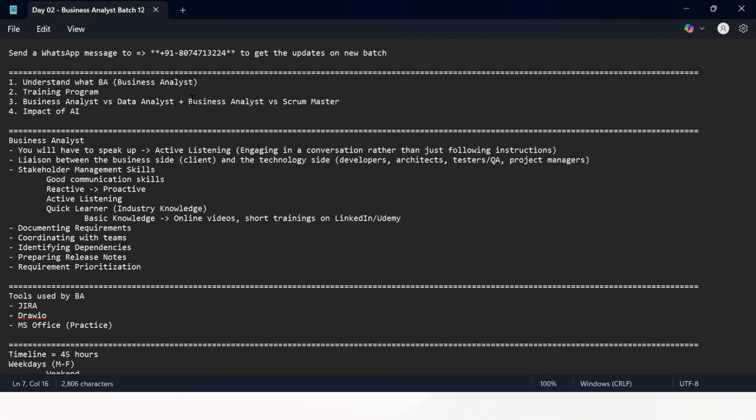Then the next topic in our tomorrow's discussion will be how is AI shaping up the work that a BA does? Nowadays everyone keeps talking about Gen AI, how the AI agents are coming up in 2025, how the next few years will be completely dedicated to AI.